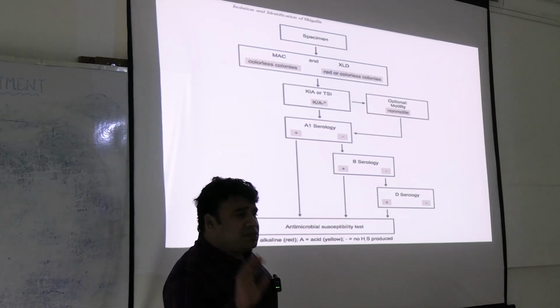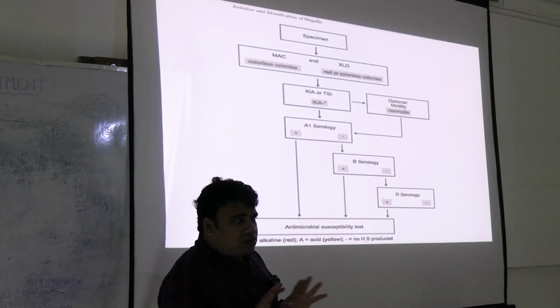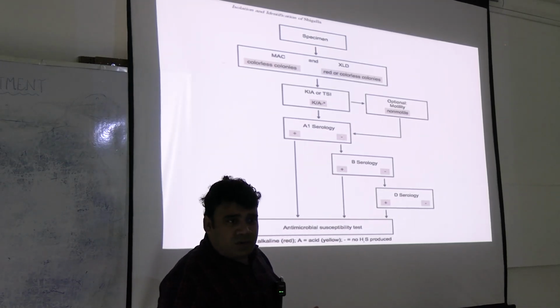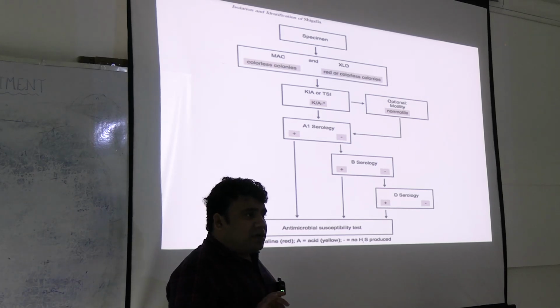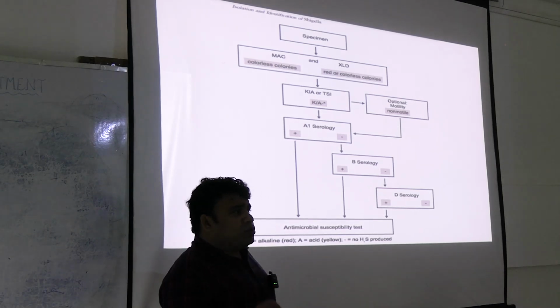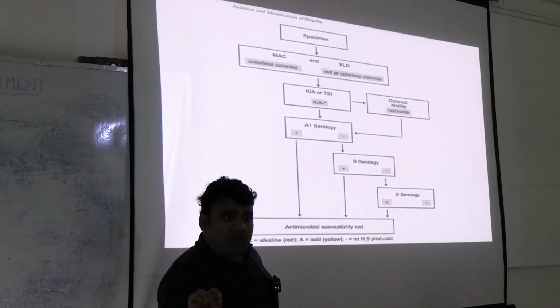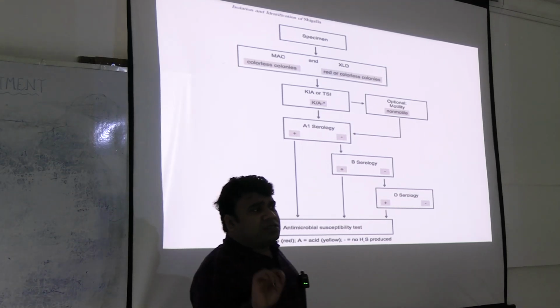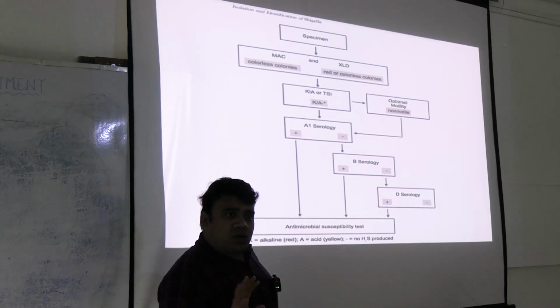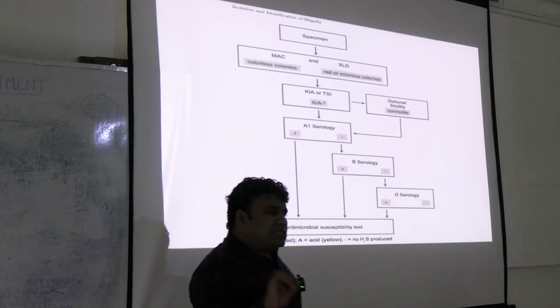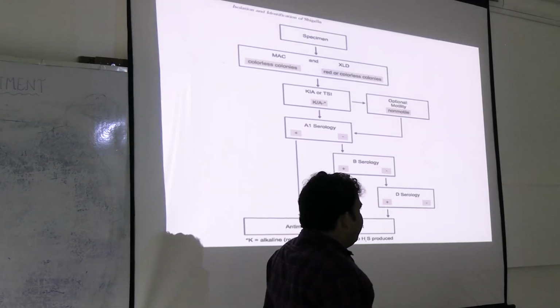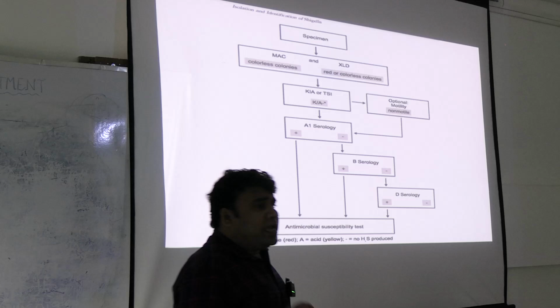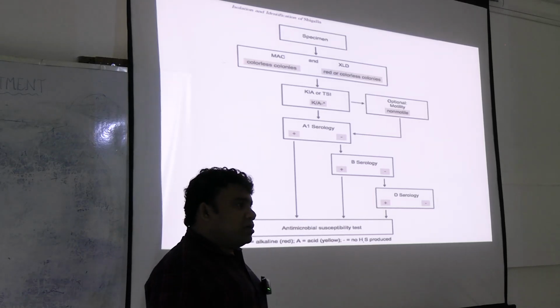Now, keep in mind, this serological testing has got no relation with the serology of the human body. These are anti-sera. Anti-sera will react with particular antigens of Shigella, and if the reaction is positive, then we can identify this to be Shigella. Okay. So, specific Shigella anti-sera can be used for identification of Shigella, including the species of Shigella.